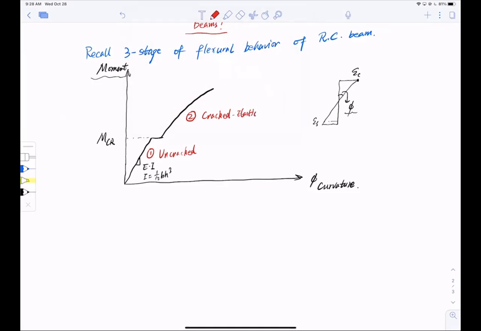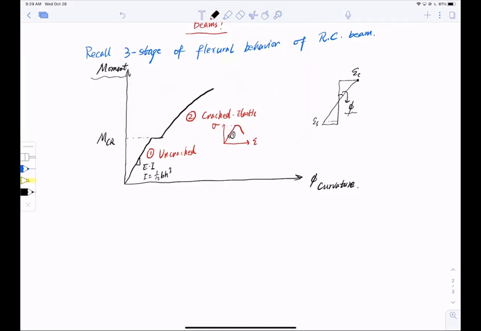That means in the second stage, remember the material behavior of concrete? It looks like this. Before we hit the peak, the stress and strain relationship of the concrete still remains linearly elastic.